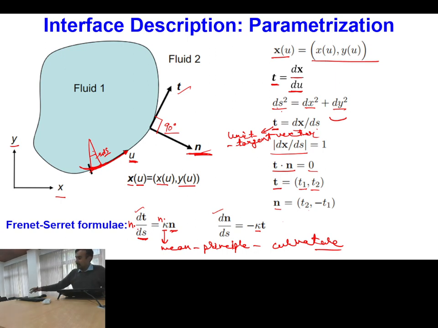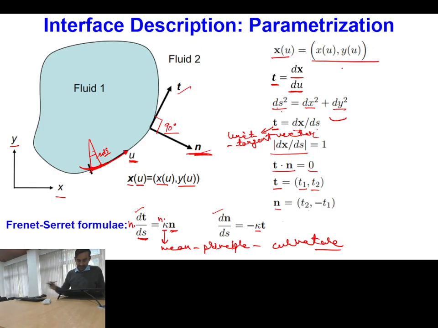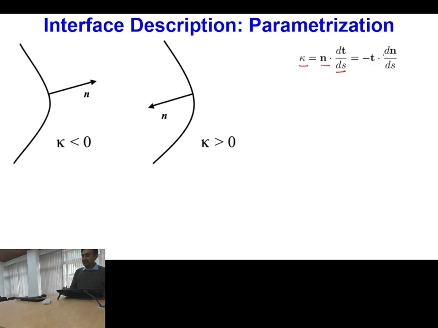So I can write that curvature is equal to n dot dt by ds. Similarly, in the second equation, if I take t dot on both sides, then it will be minus t dot dn by ds.